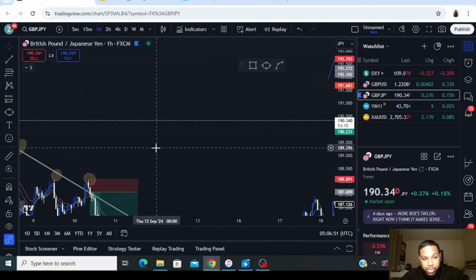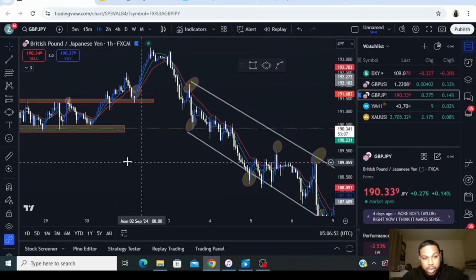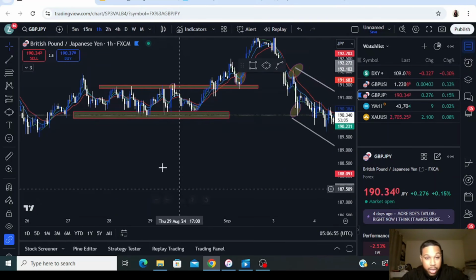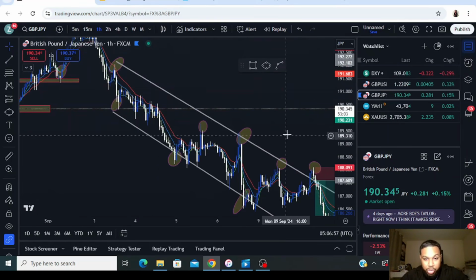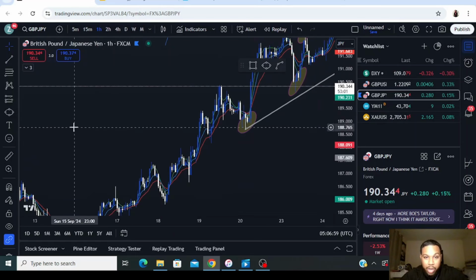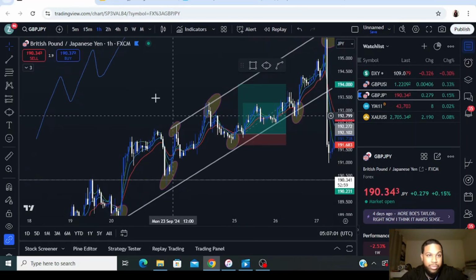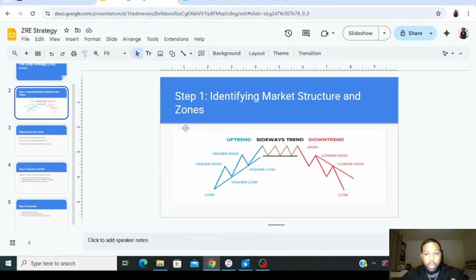Very simple. So once you identify that, you know what you're doing. If you're in an uptrend, you're buying at the lows. If you're in a sideways trend, you're buying and selling at the different zones. If you're in a downtrend, you're selling at the highs.